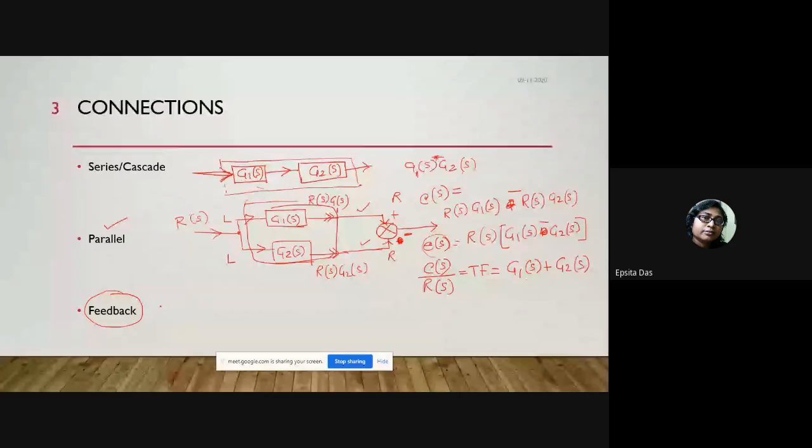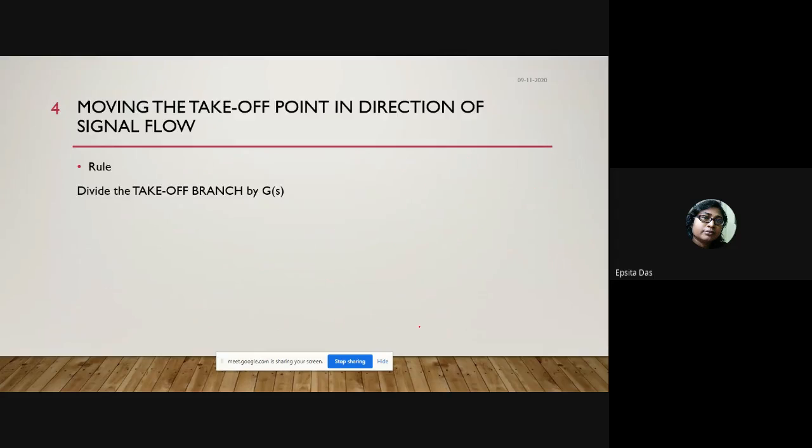If the feedback is positive, then the overall transfer function will be G(s) by 1 minus G(s)H(s), and if the feedback is negative, then it will be G(s) by 1 plus G(s)H(s). Okay. So these are the three types of connection we generally get in block diagram reduction.